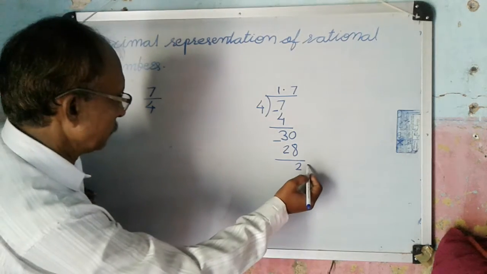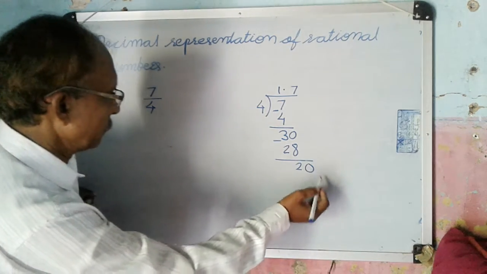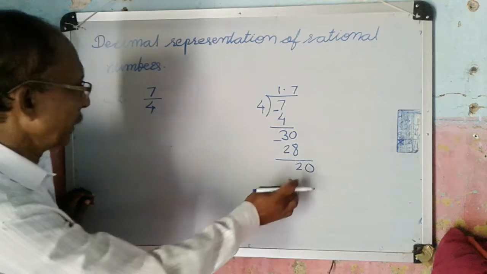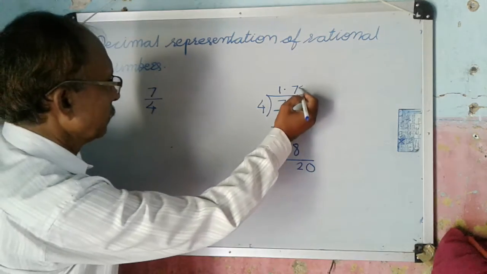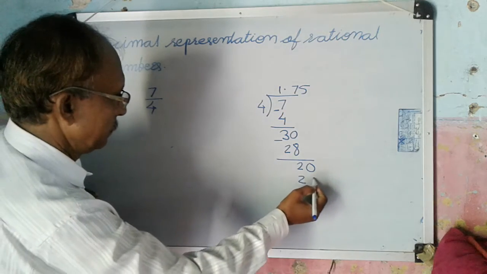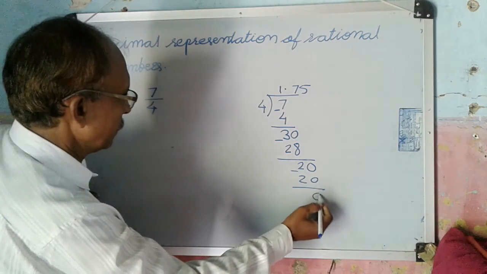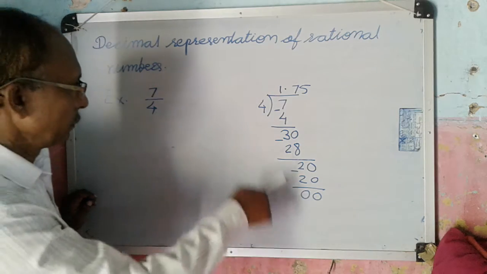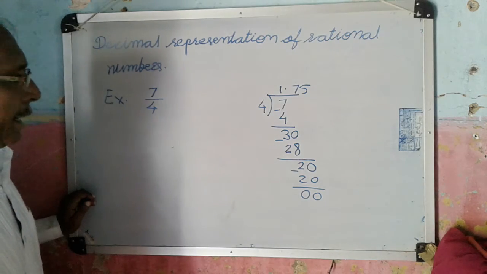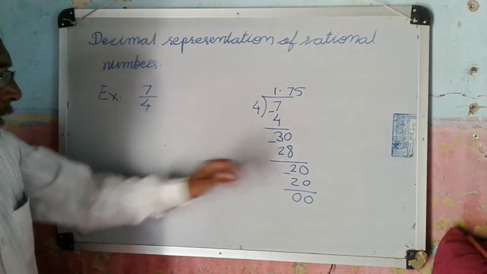Now write again 0 after 2, here we get 20. Divide this 20 by 4, 4 5s are 20. Now see here, remainder is 0. Now here the division ends.